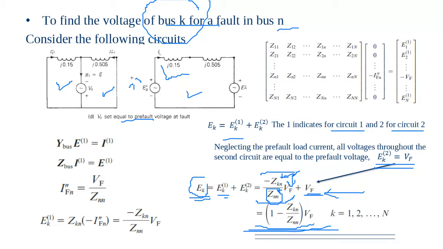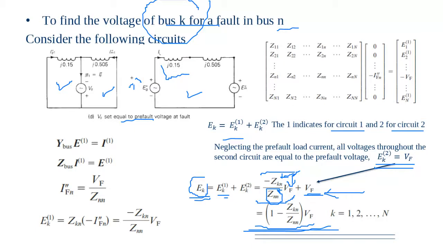That's why we include the pre-fault voltage so it is not zero. After maybe 5 to 6 cycles, after sub-transient and then transient, the voltage will be zero because it touches the ground.